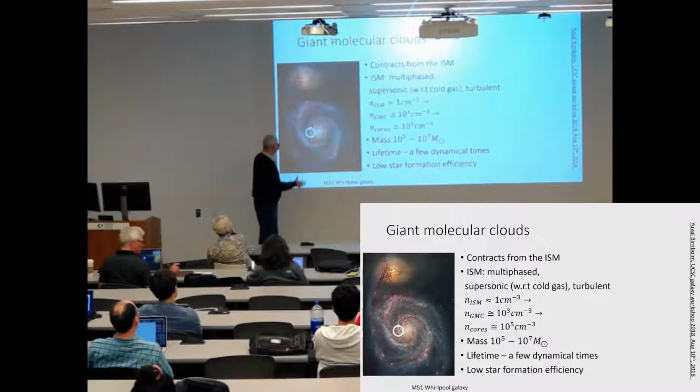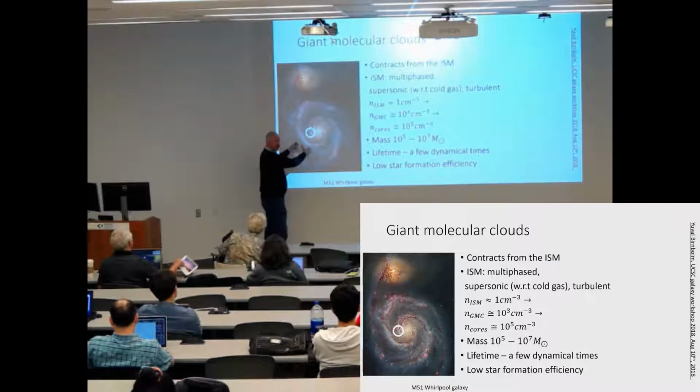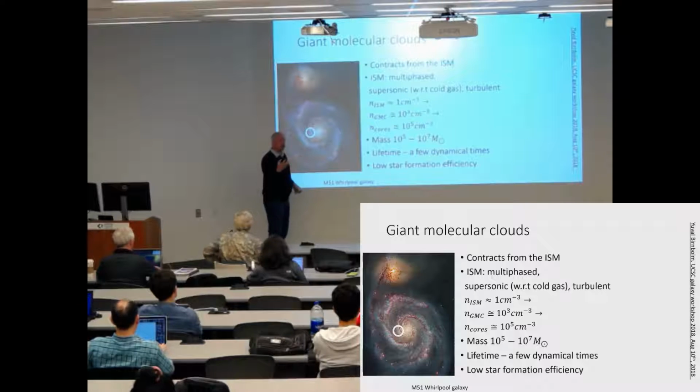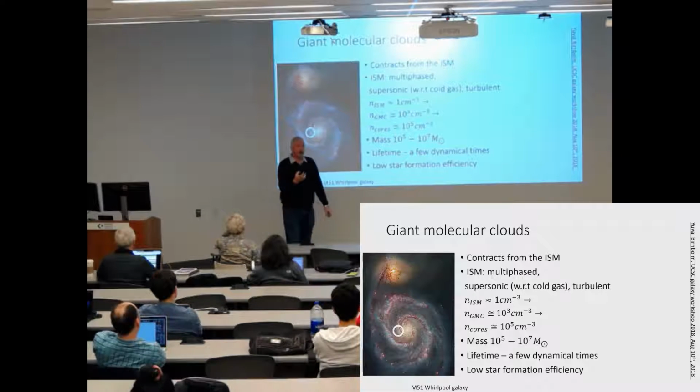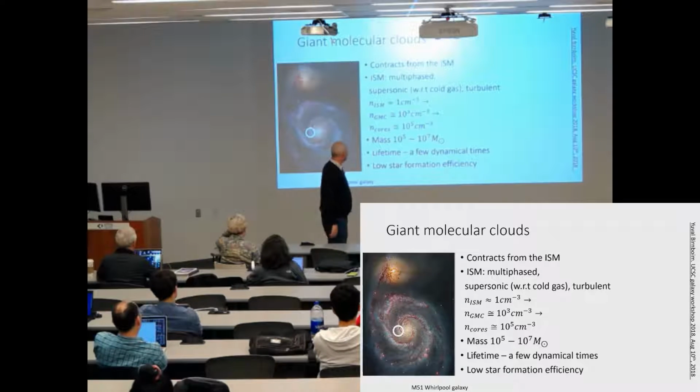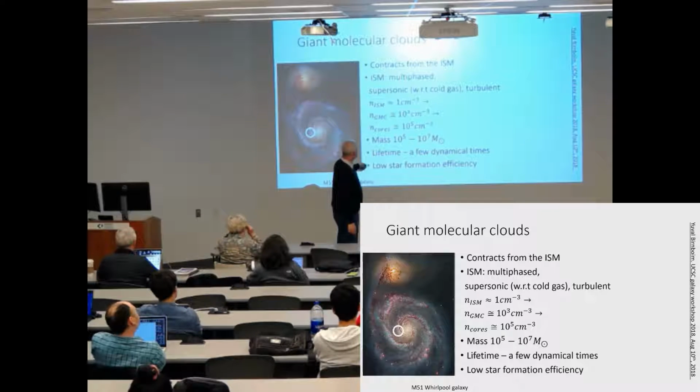So we take a reasonably sized chunk of the ISM and compress it into a core that will ultimately make stars. The mass is typically between 10 to the 5 and 10 to the 7 solar masses.